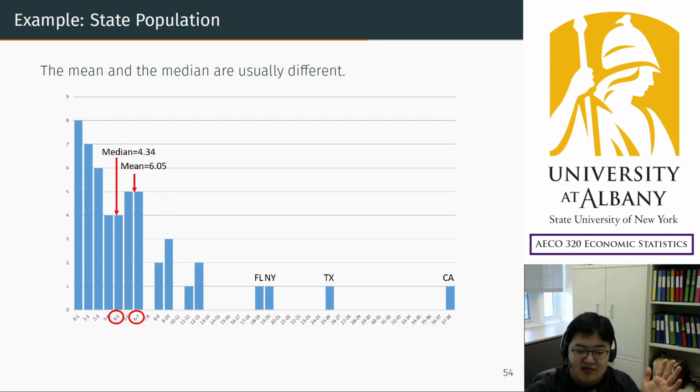Usually the mean and the median are different, as you just saw. The mean is greater than 6, but the median is only 4.3. So they are different measures, but both try to capture some kind of center.